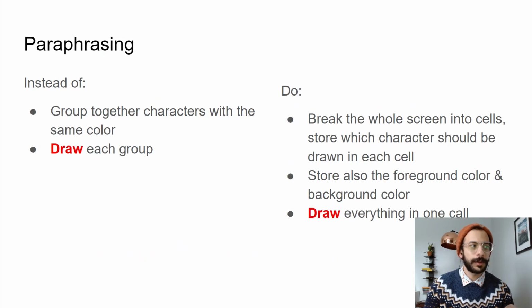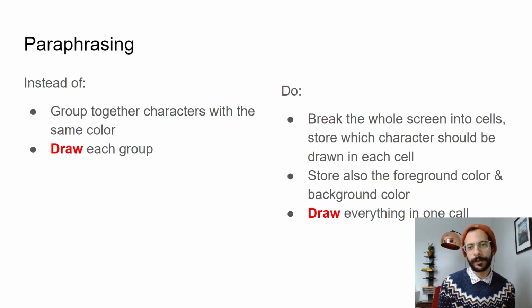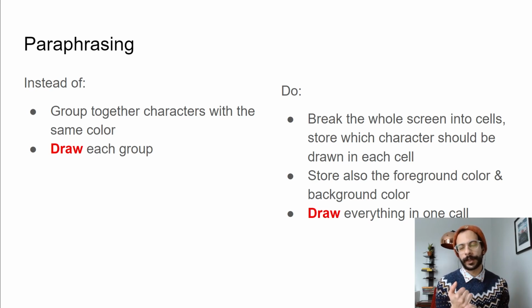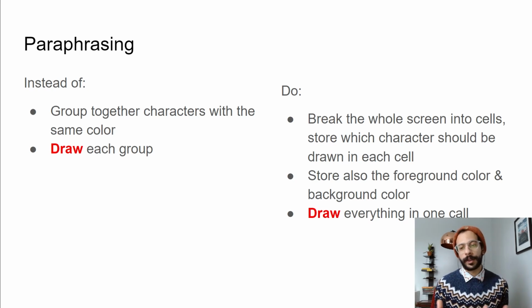On the CPU side, you figure out what character needs to be drawn in every cell. And then for each cell you have the character, the foreground color, which is the color of the actual character, and then the background color if the background color changes. And then that's it. Then you send all that to the GPU.